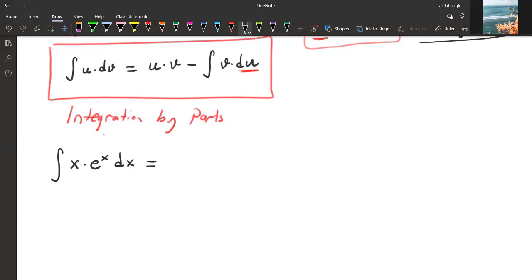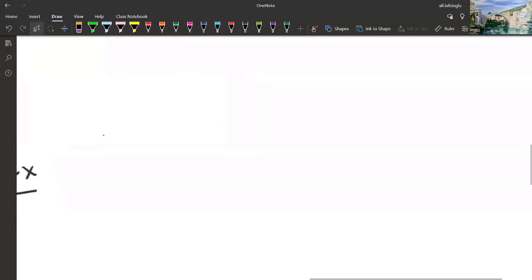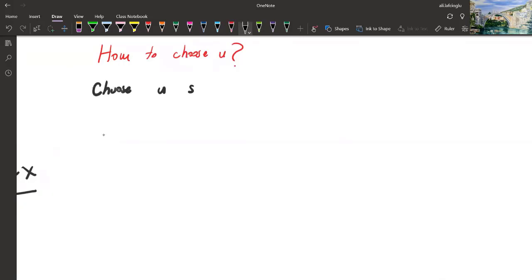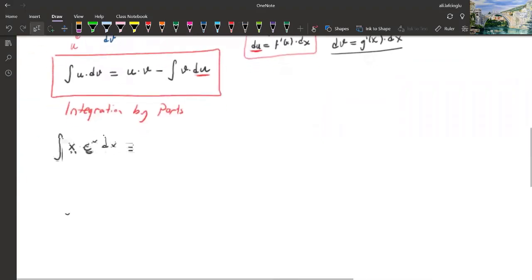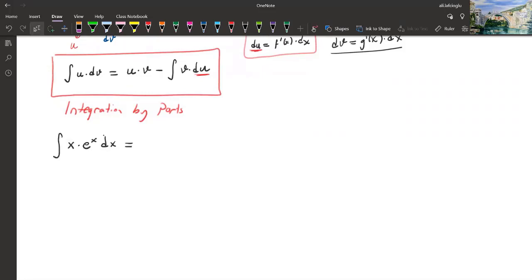Now, this is a tough question, how to choose u. That is the problem. Step one, the first thing is to choose u, so that's the first trick or hint. Choose u so that the integral of dv is possible. I mean, if you choose u, the remaining part is another function, and you should be able to take the integral of the second part.